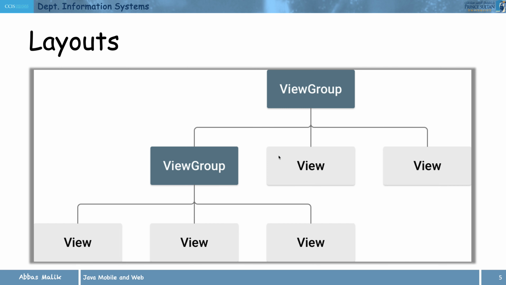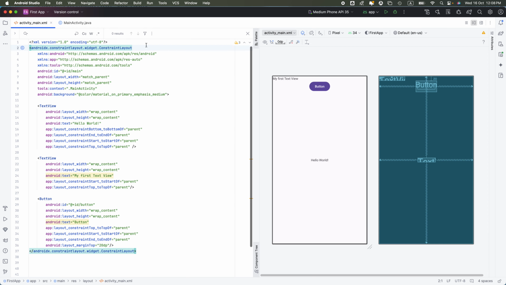Again, at the top level, if I just show you here, right at the top is our constraint layout, and at the end it is closing, and everything else, the text view, the button, is inside this constraint layout, which combines all the different components. At the top level you have only one element and every other element is going to be inside it.